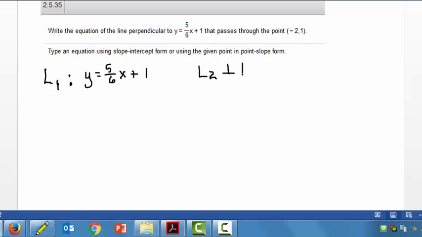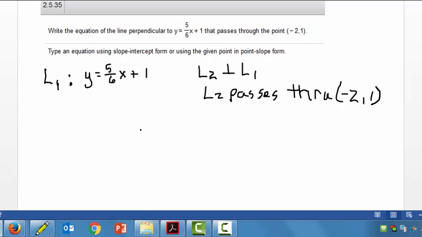L2 is perpendicular to L1. So this symbol means is perpendicular to. And L2 passes through the point -2, 1.